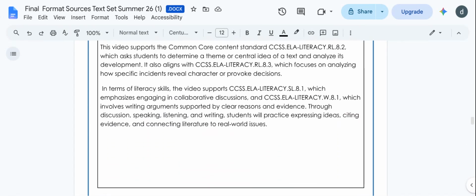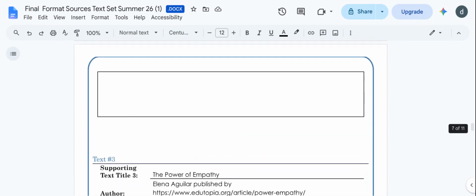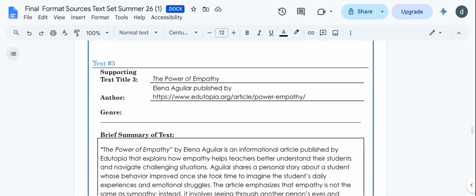In terms of literacy skills, the video will support ELA Literacy 8.1, which emphasizes engaging in collaborative discussion, which involves writing arguments supported by clear reasons and evidence that they can find by reading chapters 20 to 21 and watching the video. Through discussion, speaking, listening, and writing, students will practice expressing ideas, citing evidence, and connecting literature to real-world issues. So the other text is The Power of Empathy, written by Aguilar.